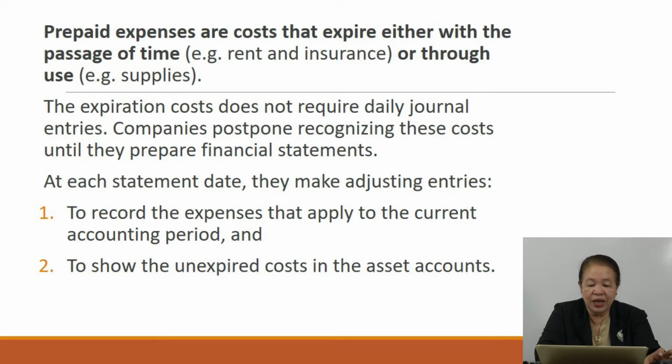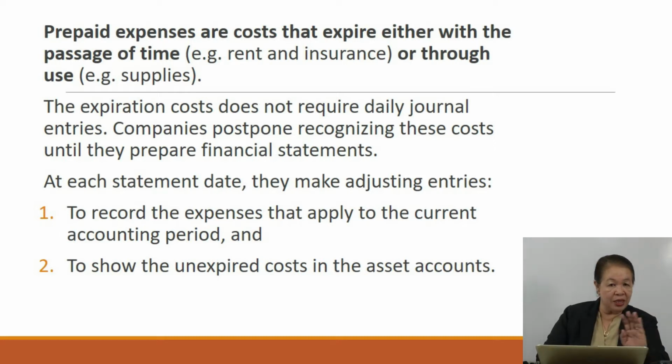So, to show the unexpired cost in the asset account, no? Kasi ang gagawin mo dyan, yung account na prepaid mo, tanggalin mo dyan yung na-expense mo na, maiiwan yung prepaid pa rin, no? So, isang portion na gamit na, ilagay mo siya doon sa income statement, yung mga hindi pa gamit na sa balance sheet pa rin kasi asset mo.